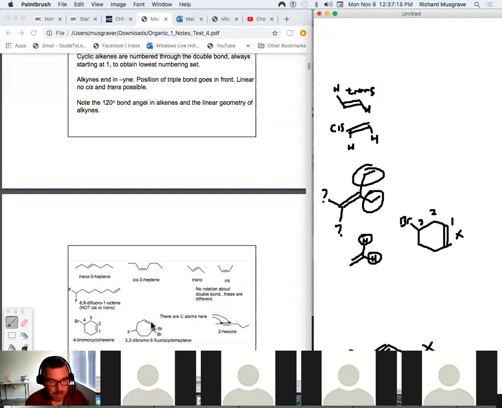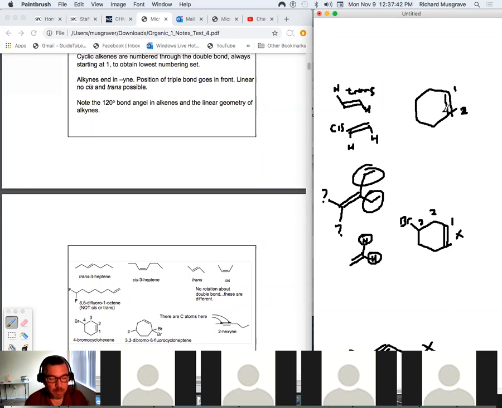So that's what I'm trying to point out there. So you can see in this instance, the numbering here for this one is 1, 2, and then you've got 3, 3-dibromo, and then 6 on the fluoro. So again, the numbering has to be through the double bond. So I guess a good way to remember it is to realize that the situation is always going to be like this. It's always going to be 1, 2, always.